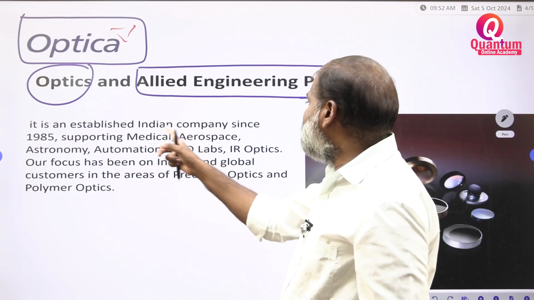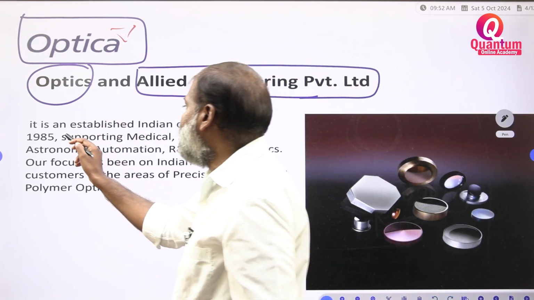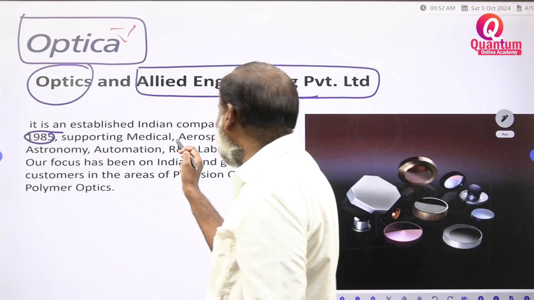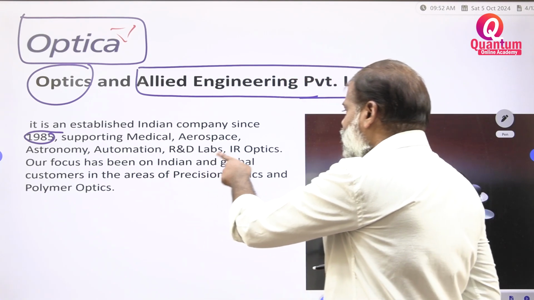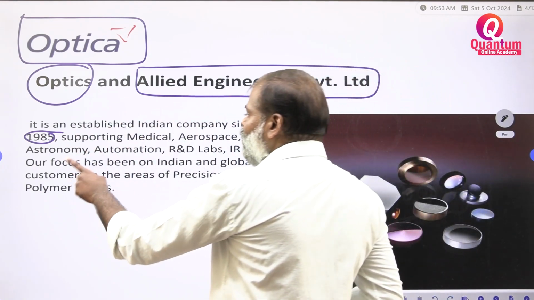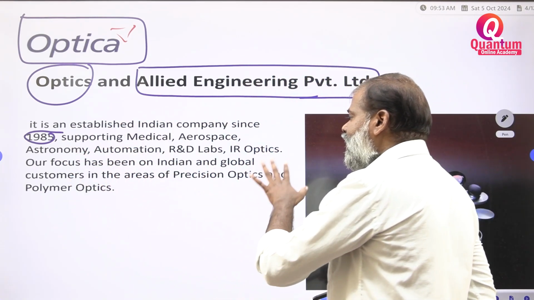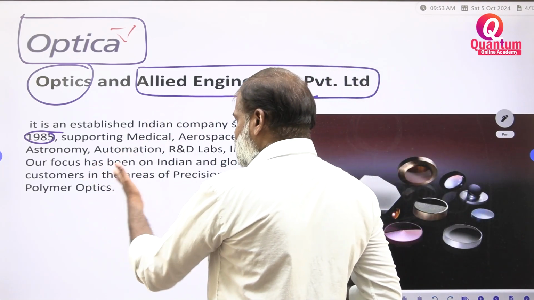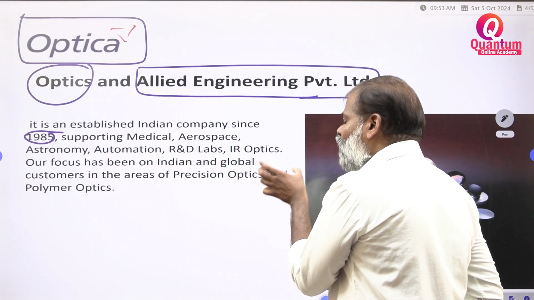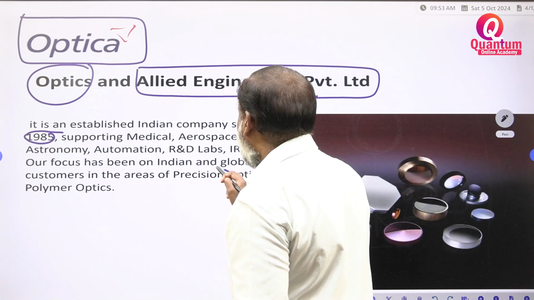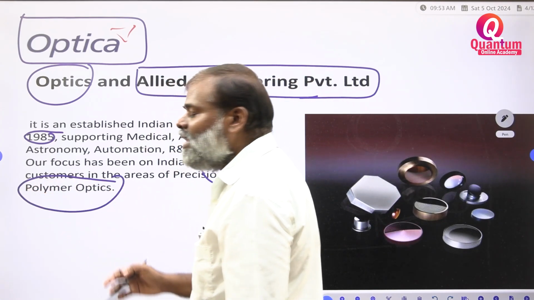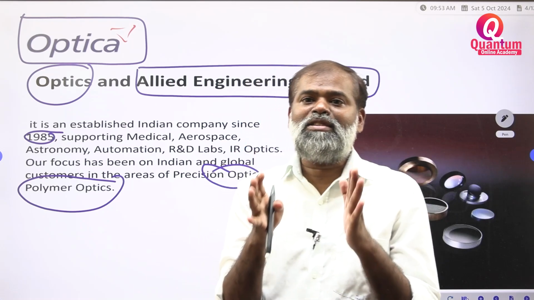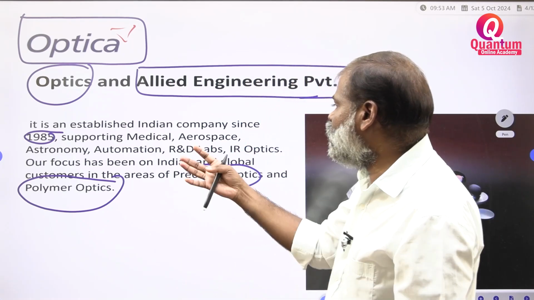It is an established Indian company since 1985, supporting the medical, aerospace, astronomy, automation, research and development labs, and IR optics. Our focus has been on Indian and global customers in the area of precision optics and polymer optics. In precision optics and polymer optics, they made instruments, lenses and all those things.